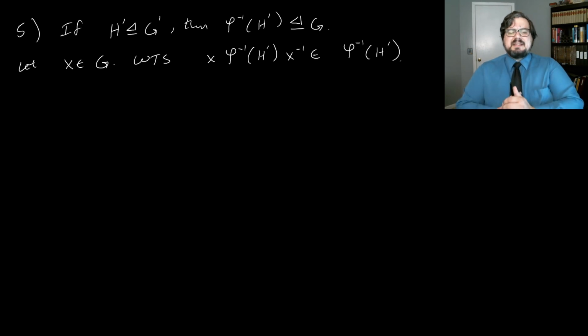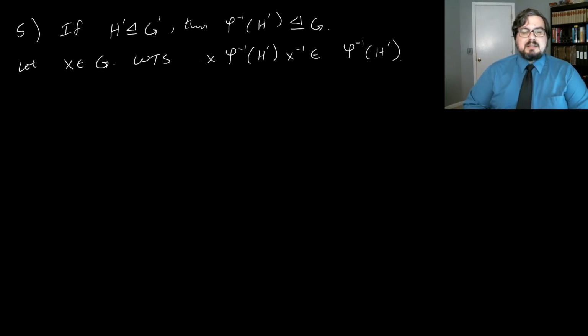Now, this notation here is getting a little bit complex, but let's walk through things carefully. We're trying to show that some stuff here, and I really should have written subset rather than is an element of. It wasn't correct before. We're trying to show that this element is in the pre-image of H prime.